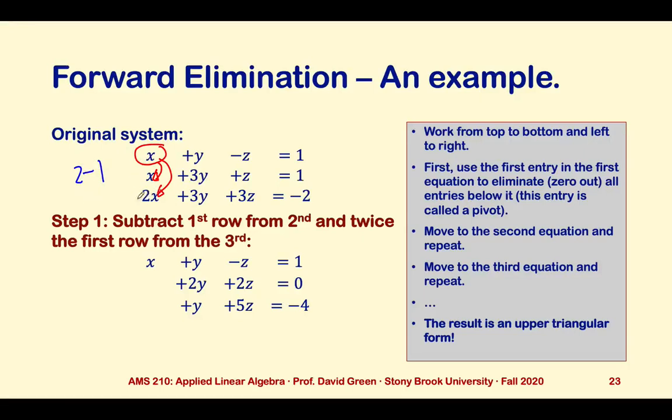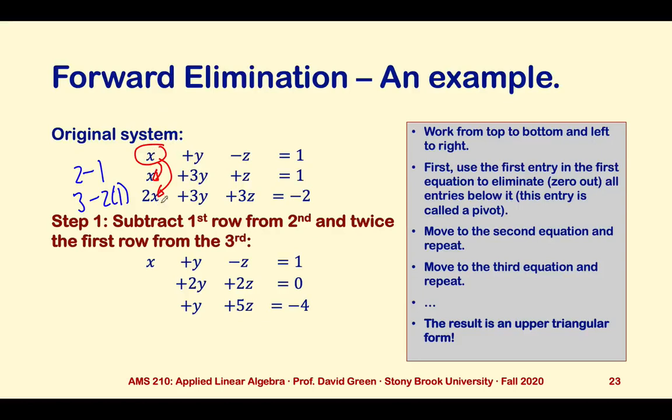Equation 3 has a 2x, so in order to get a 0, we would have to do equation 3 minus 2 times equation 1 to zero that out. And that's exactly what we have highlighted here. We're going to subtract the first row from the second and subtract twice the first row from the third.